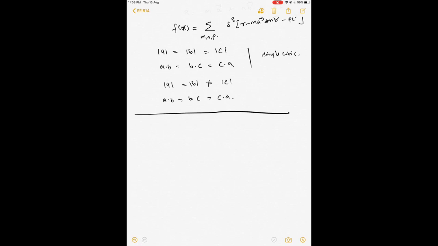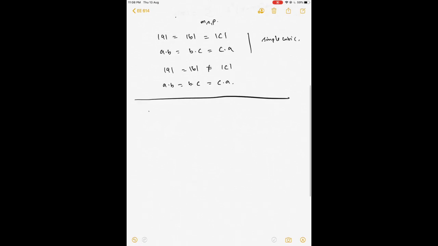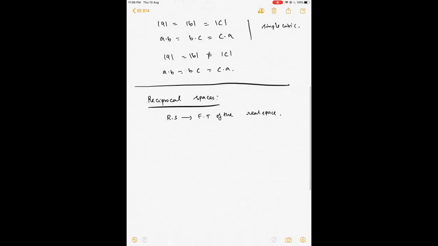So now let us have a very short introduction to the reciprocal space. And we saw that the reciprocal space is a Fourier transform of the real space. We all must have come across this particular definition, right?